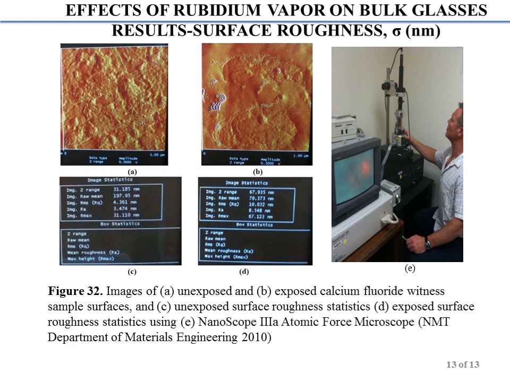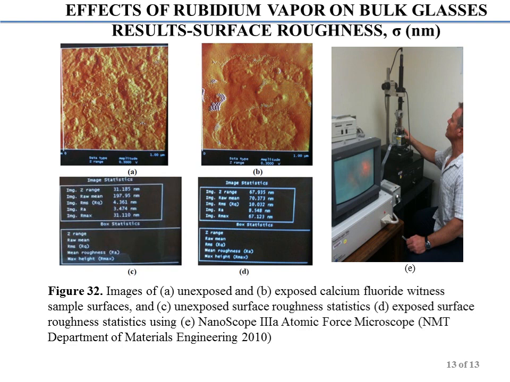As you can see, there are images of the unexposed and the exposed calcium fluoride witness samples, and the unexposed surface roughness statistics versus the exposed surface roughness statistics. The root mean squared roughness of the unexposed sample was 4.361 nanometer, plus or minus 1 nanometer peak to valley.